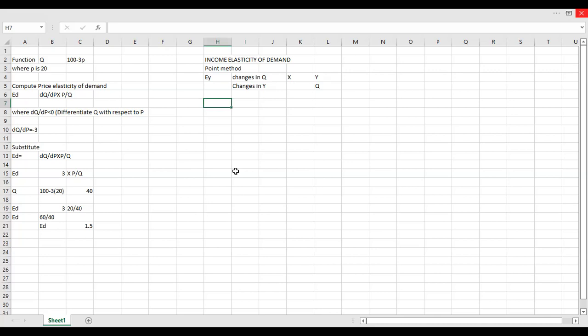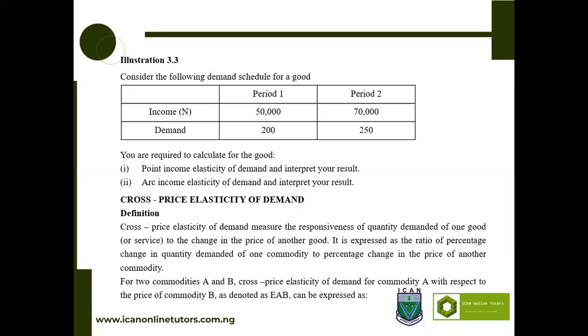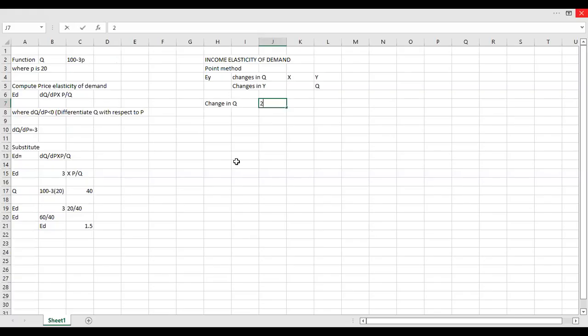So here, we need to determine the change in quantity. We have the quantity in the first period, which is 200, while the second period is 250. So new is 250, old is 200, 250 minus 200.